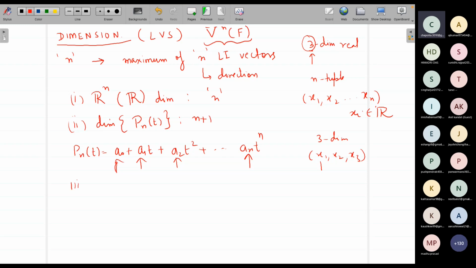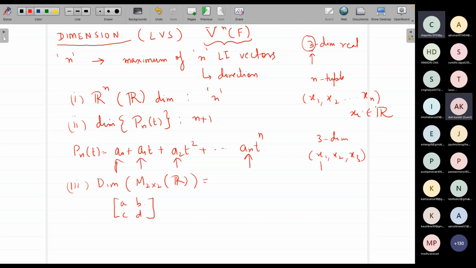Let me see if you can say something about the dimension of 2 by 2 matrices over the real space. Let me tell you what the most generic matrix is: the most general 2 by 2 matrix is a, b, c, d, where each of a, b, c, d is a real number.